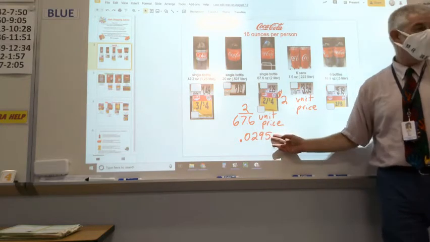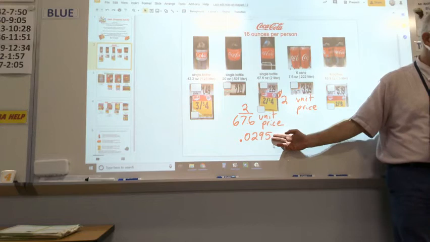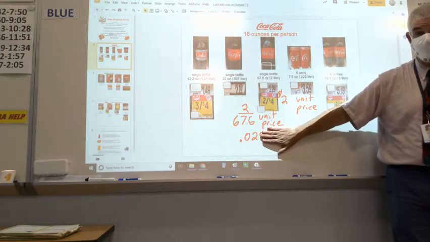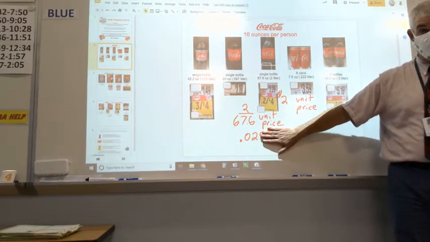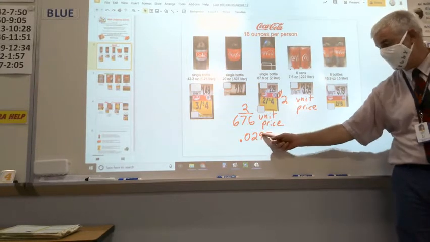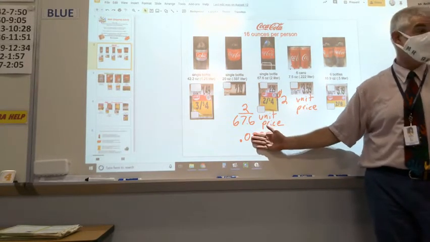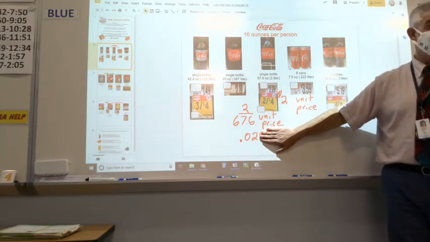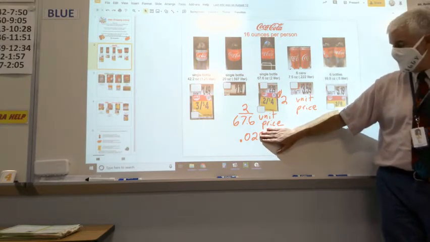Now, how far do I want to go with this price? Normally, in money, we would stop at 2 decimal places, right? Rounding this one up, it would be about 3 cents per ounce, right? Because the hundredths place here would be hundredths of a dollar, which are cents, okay?